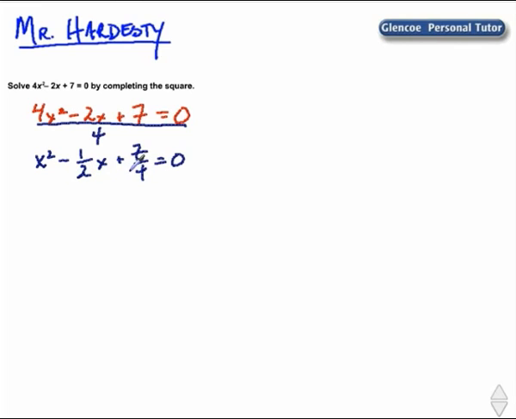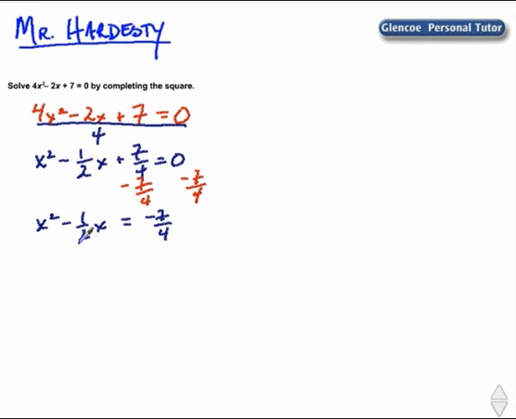First step, let's move the constant to the right side. So subtract 7/4. So we isolate our x's, and we'll have x squared minus 1/2 x equals negative 7/4.